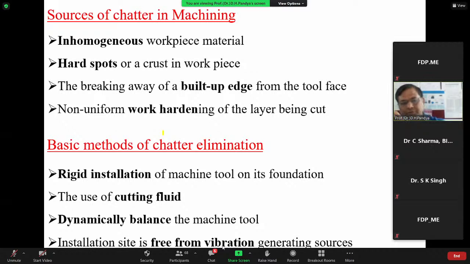These are the four options. You install your machine tool properly at foundation, use the cutting fluid, magnetic cutting fluids if required in high speed operations, check the dynamically balanced machine tools, and make sure the installation site is free from surrounding vibrations. These are the pre-installation checks, and then during the operations, some vibration elimination methods.